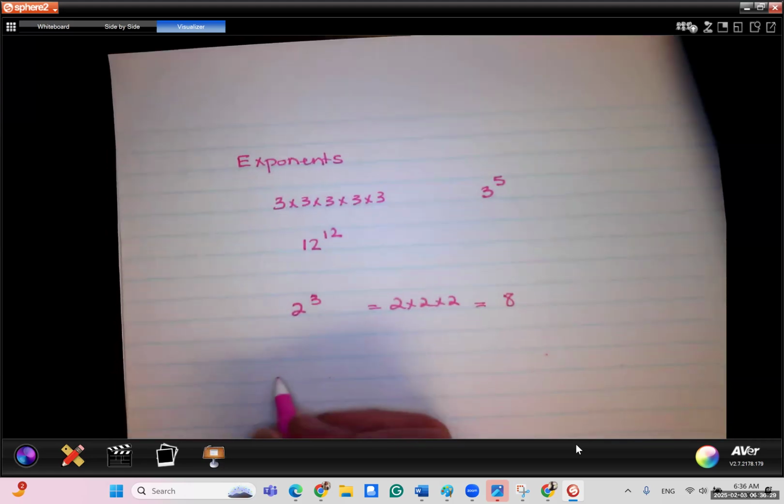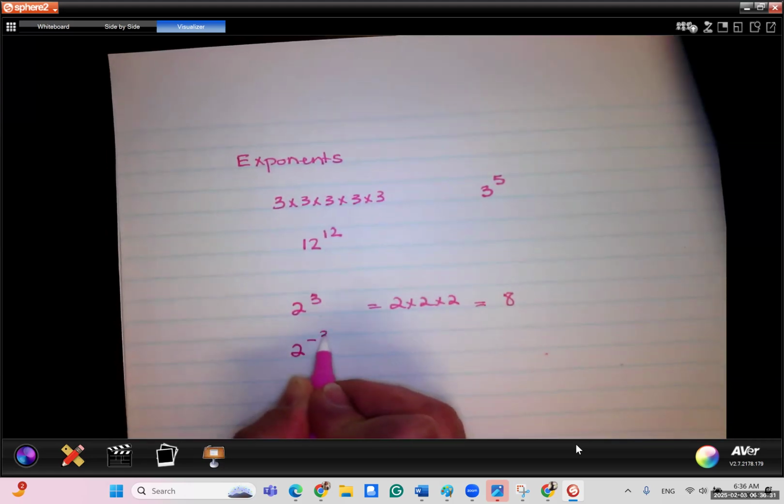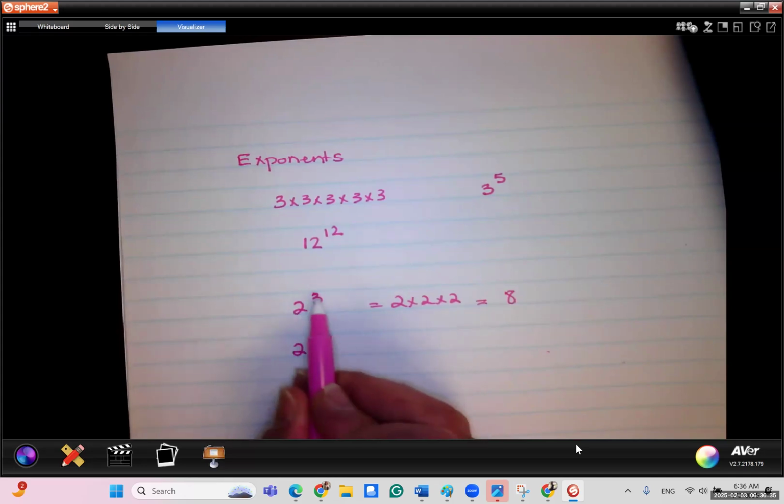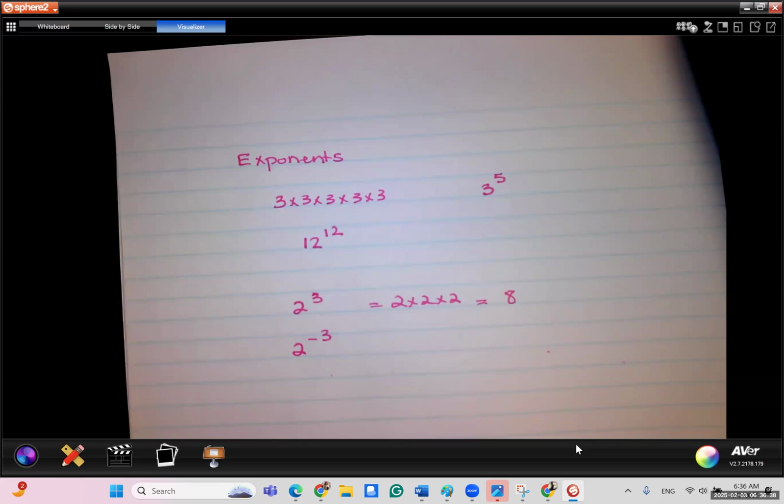But if we compare that to 2 to the negative 3, that's not the same thing, because if a positive exponent is repeated multiplication, then negative 3 cannot be the same thing. Negative exponents represent repeated division, and we show repeated division by fractions, because fractions are divisions.